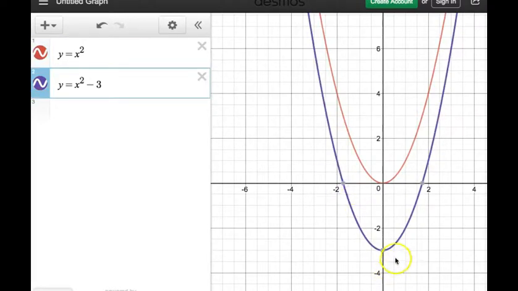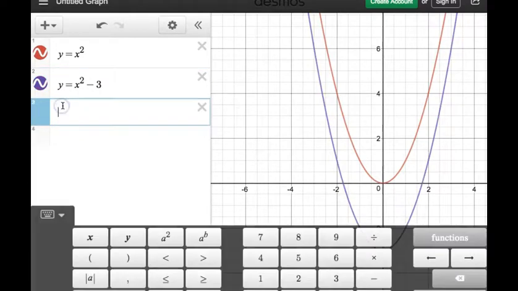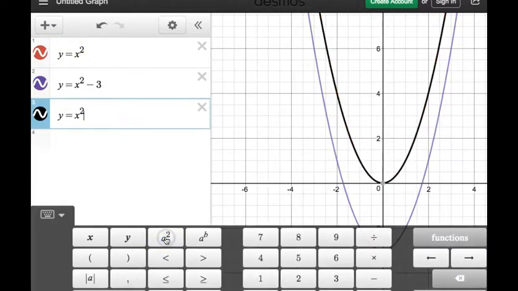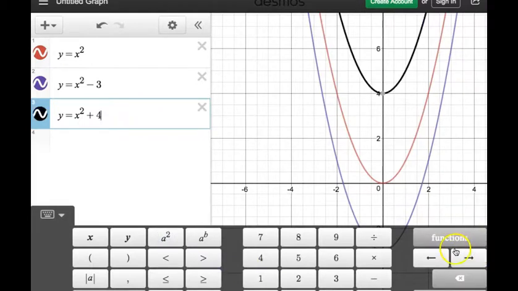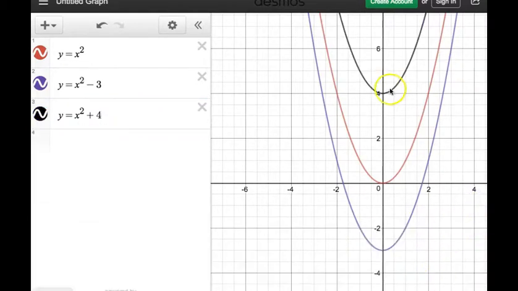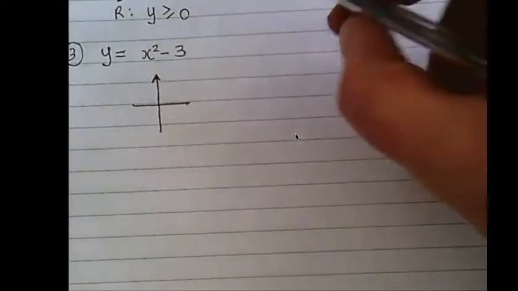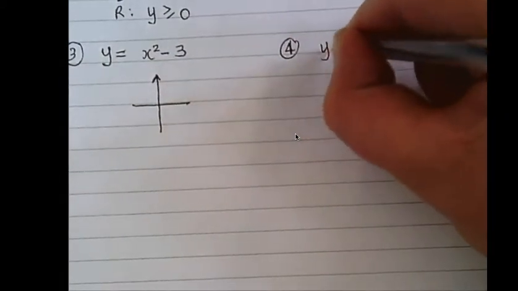Y equals x squared plus 4 is the x squared curve shifted up 4 units. You get the idea? All right, let's do those ones for domain and range: y equals x squared minus 3 and y equals x squared plus 4.